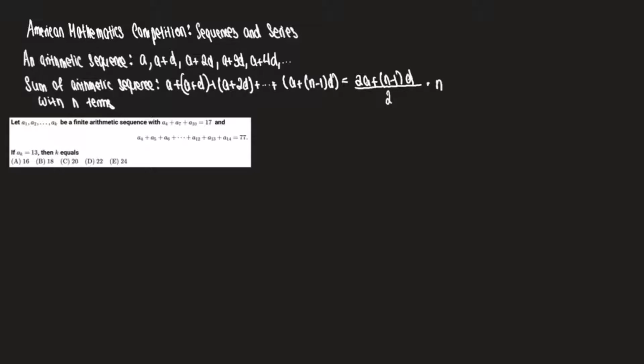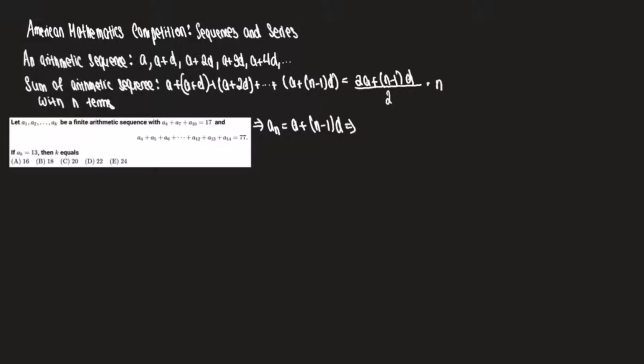Alright, so from this problem, we know that the nth term in the sequence, A sub n, is going to be equal to A plus (n minus 1) times D. So if we know what A and D are, then we can figure out what n minus 1 is.